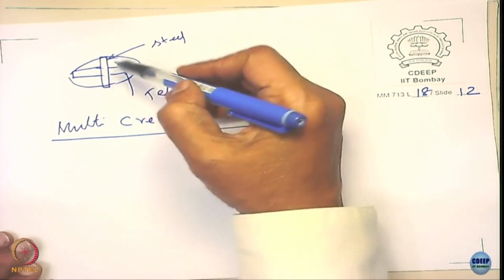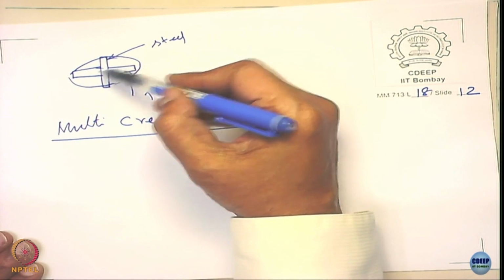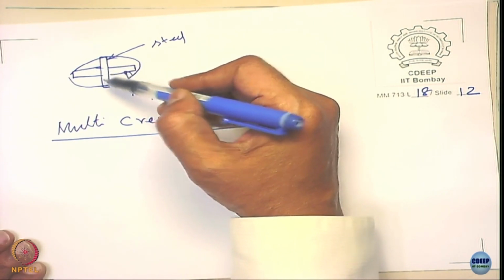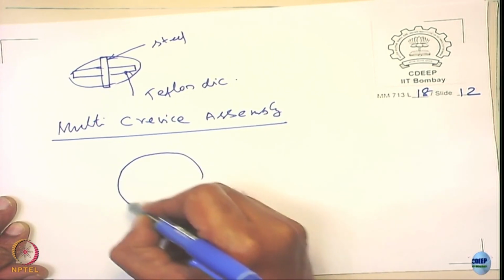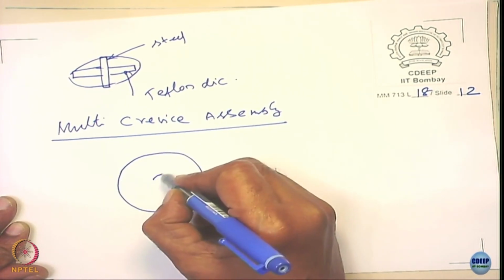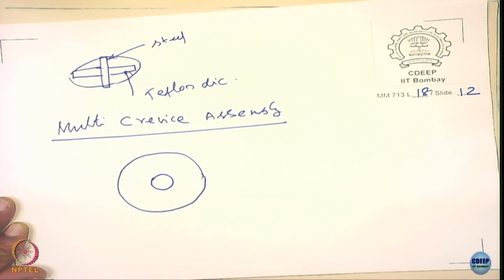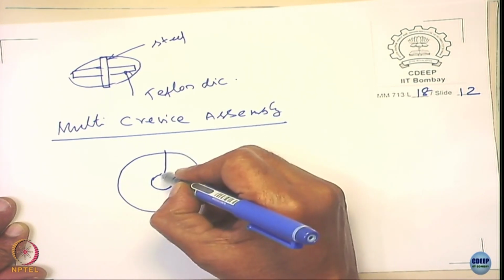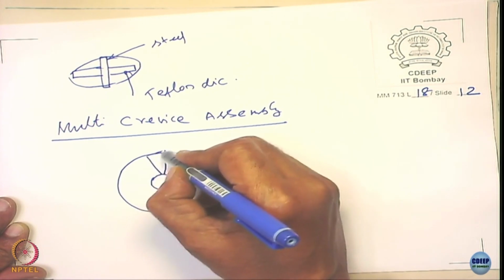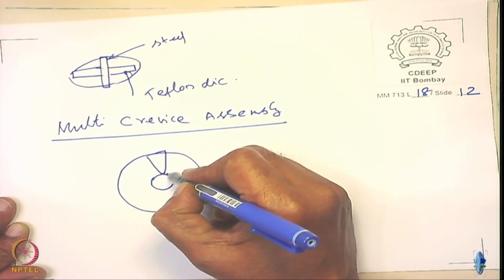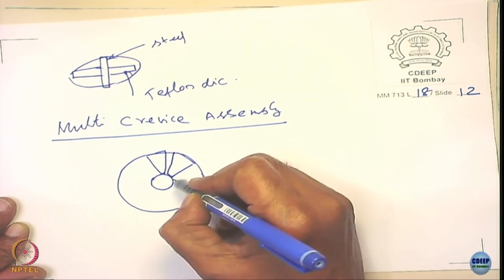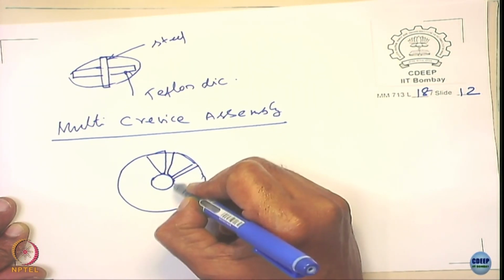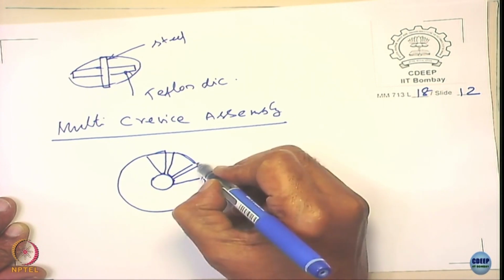See, here in this case you have only two crevices, one on the right and another on the left. But I can also have a multi crevice assembly by taking a Teflon disc and making various grooves. I can just groove like this. See, this is the groove here.